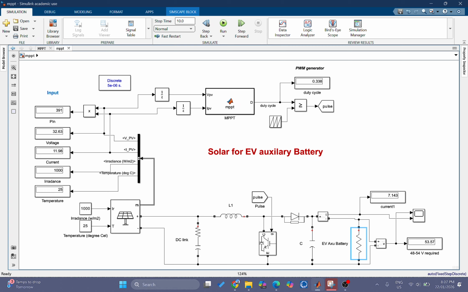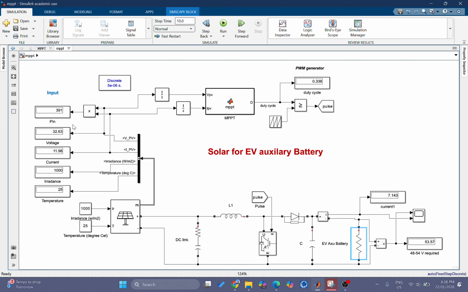On the output side, the current is 7.143 and voltage is 53.75. So we are getting around 383 watt here at the output side, and the input, the solar PV array, generates 391 watt.